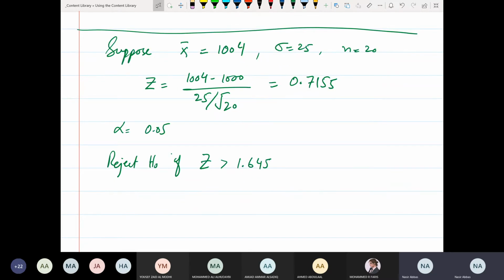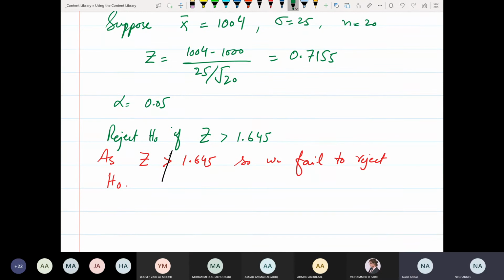No. So your decision will be, as Z is not greater than 1.645, we fail to reject H0. That is the decision, and the conclusion will be: we conclude that the claim is not true.